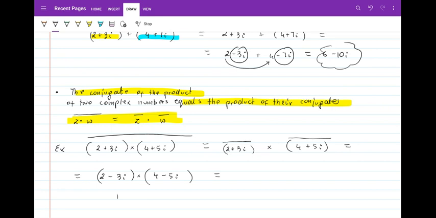And now I will just follow FOIL. F, multiply first, so we're getting 8. O, multiply outside, so 2 times negative 5 is negative 10i. I stands for multiply inside, negative 3i times 4, which is negative 12i.